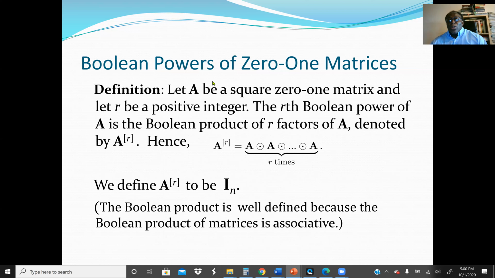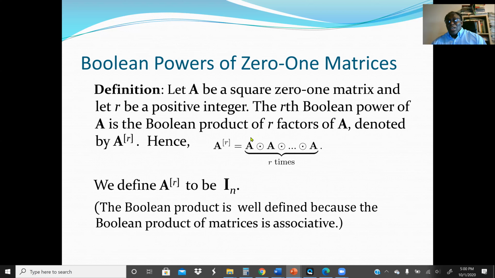Now the next is the Boolean power of a 0,1 matrix. As we said earlier, R times means you are going to multiply the Boolean matrix by itself R times. So if R is 4, it means A to the power 4 is A times A times A times A. We multiply A 4 times.